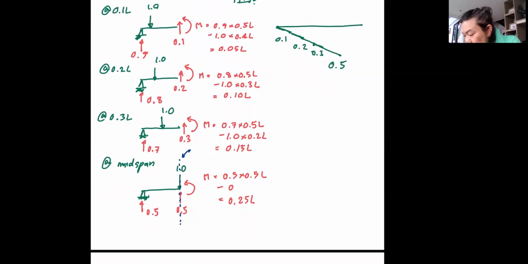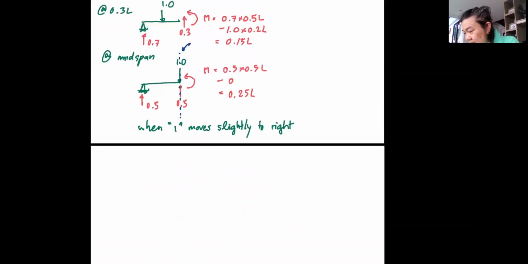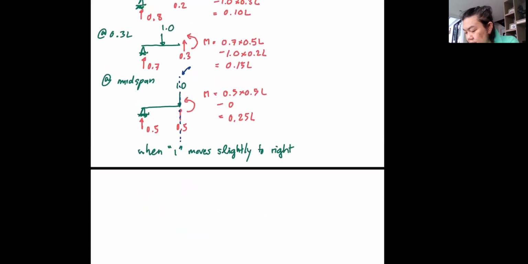When the unit load moves slightly to the right, it means the unit load leaves this free body diagram.